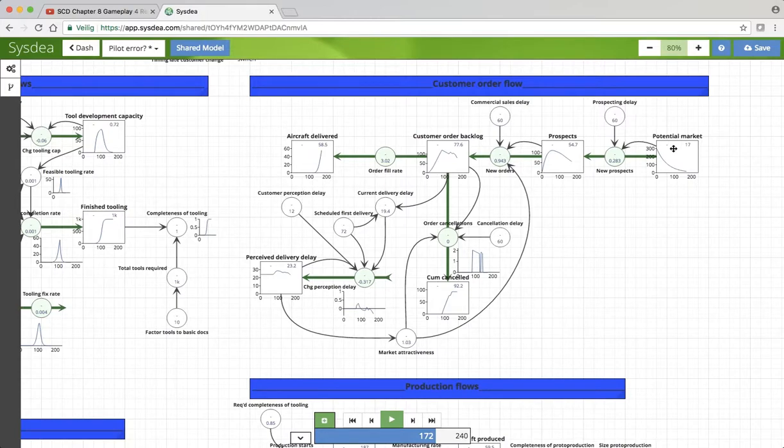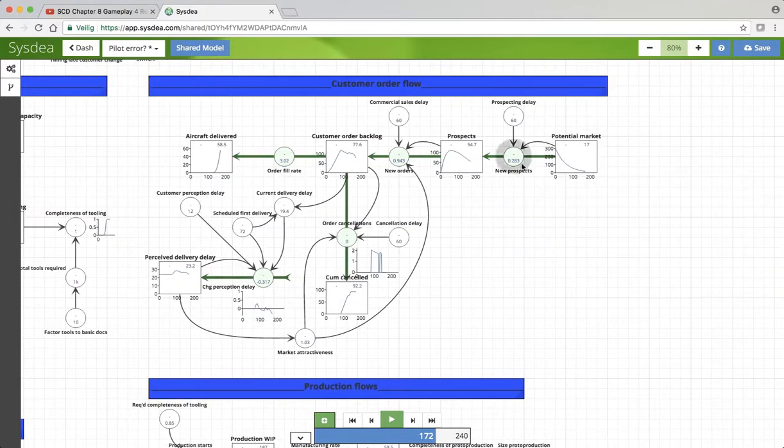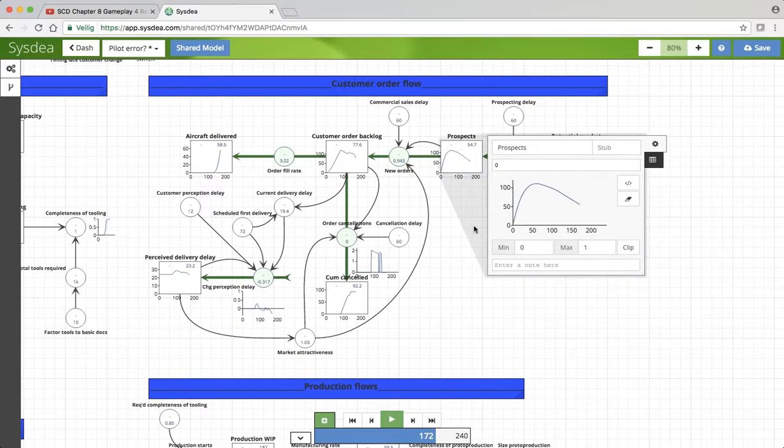So there's a potential market of 300, it becomes less and less. That is then, via a first order material delay, transformed into a certain amount of prospects, companies interested in buying a new plane, that grows until the new orders start growing faster than the new prospects.